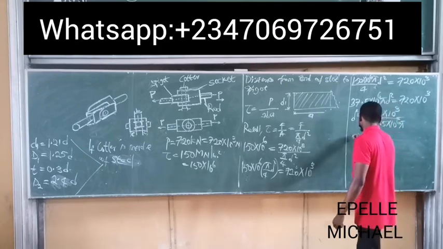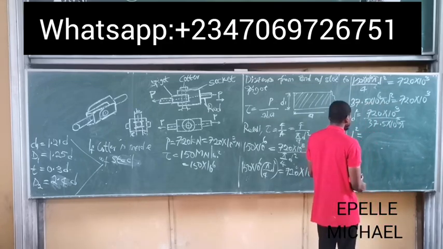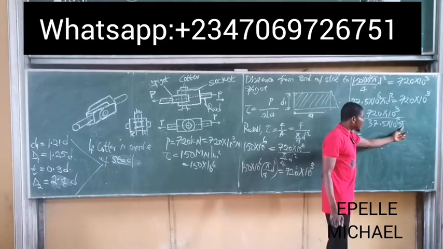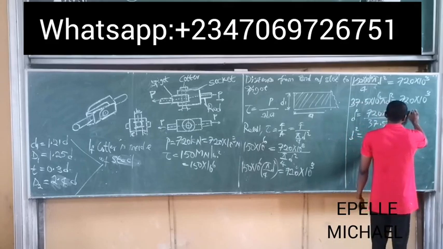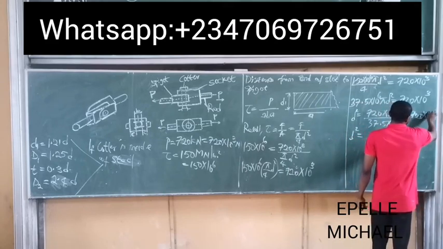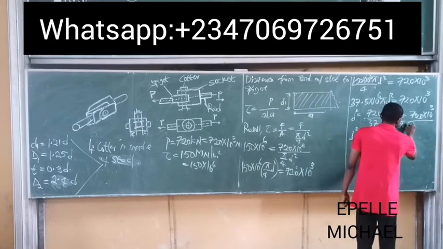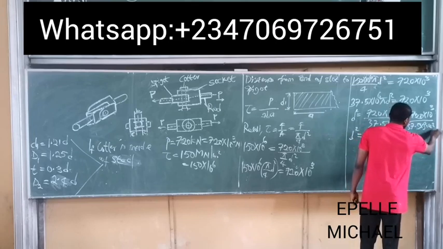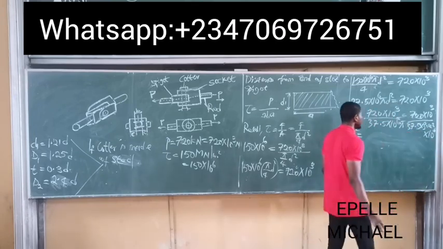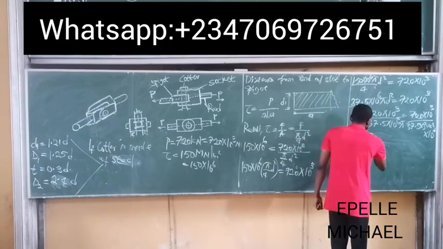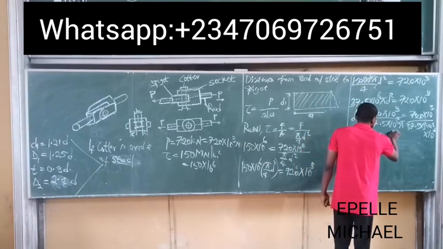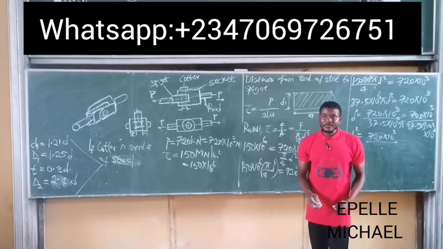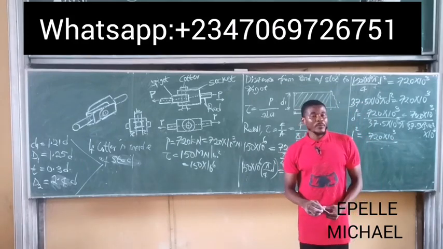Taking pi as 3.142, this is 720 by 10 to the power of 3 all over 37.5 times 3.142 by 10 to the power of 6. So first give me 37.5 times 3.142.